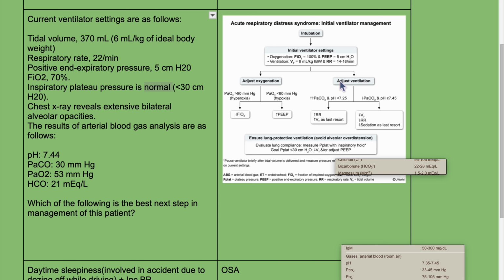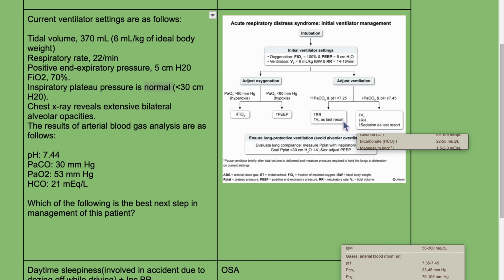If you had to adjust ventilation, you check if there's an increase in PaCO2, which it doesn't have, and the pH is less than 7.25. If it's less than that, which it isn't, you would have increased the RR or increased the VT, which is tidal volume, as a last resort.